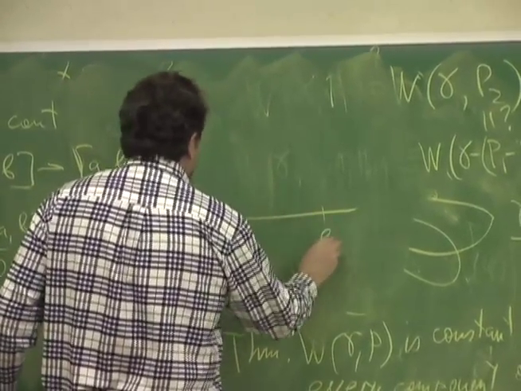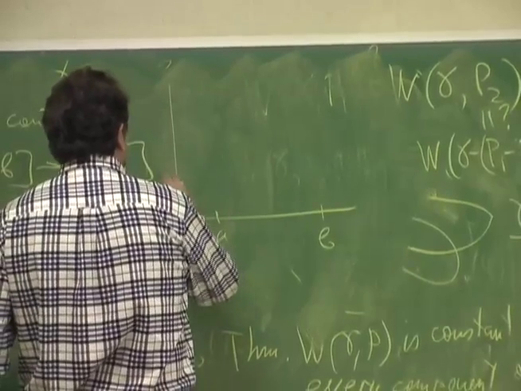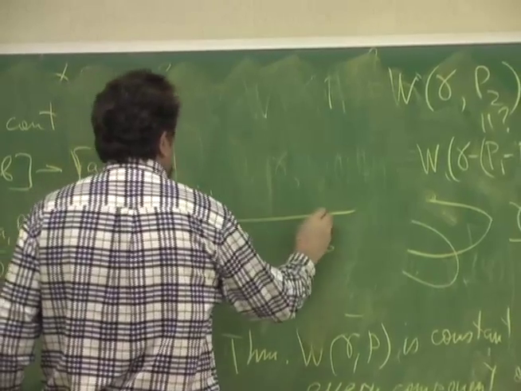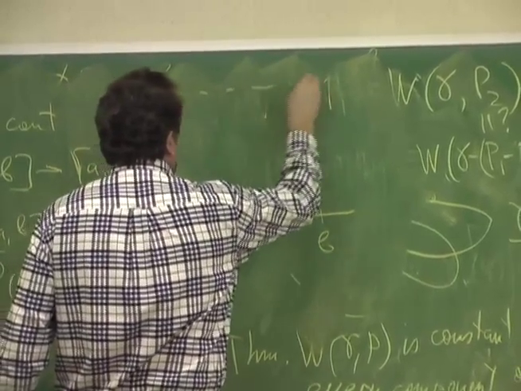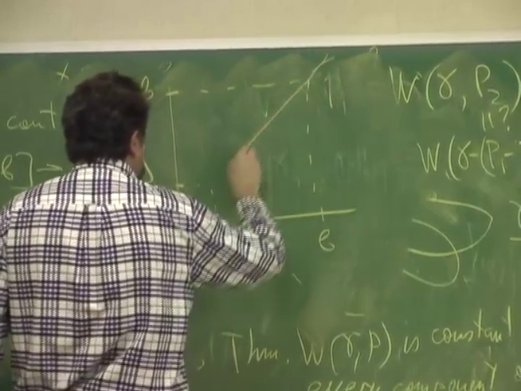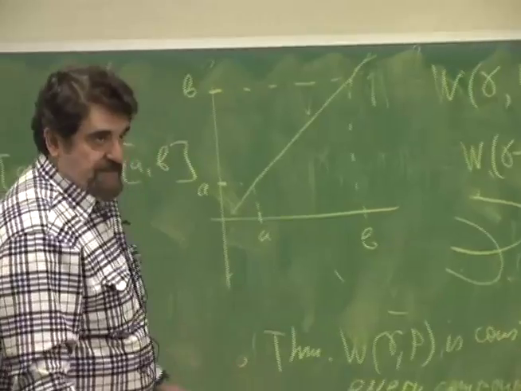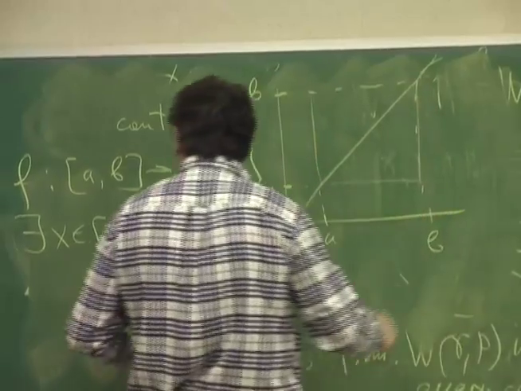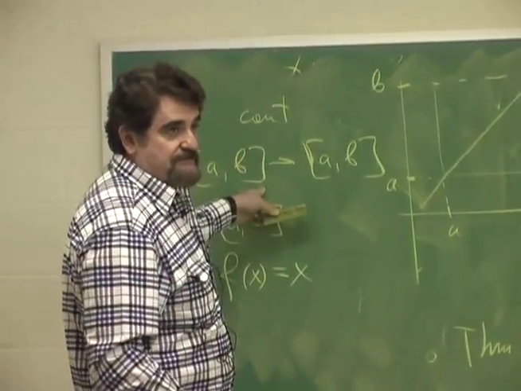A, B. They belong to this line, correct? Let me draw the graph of this function.